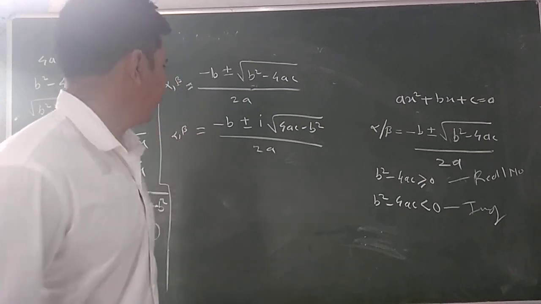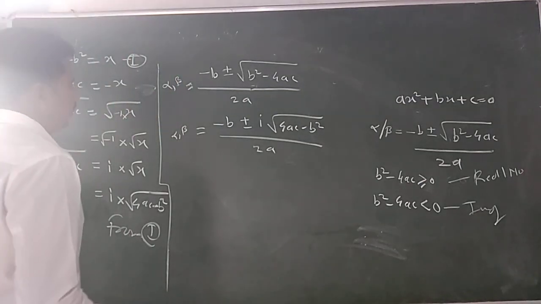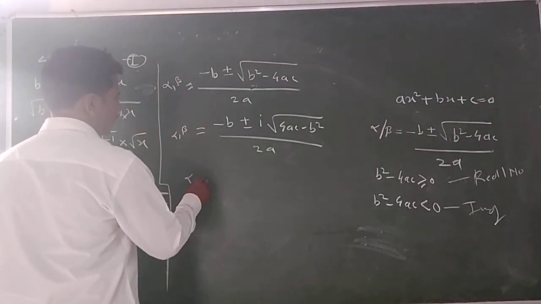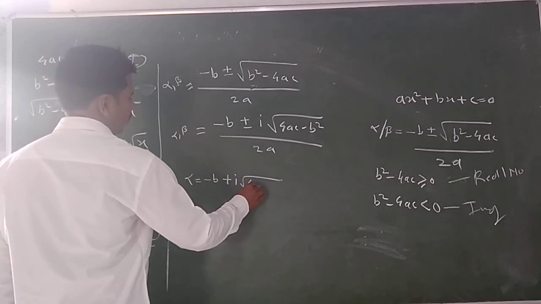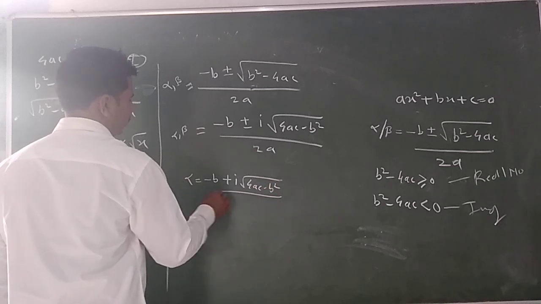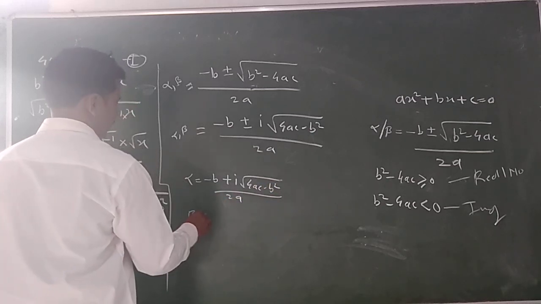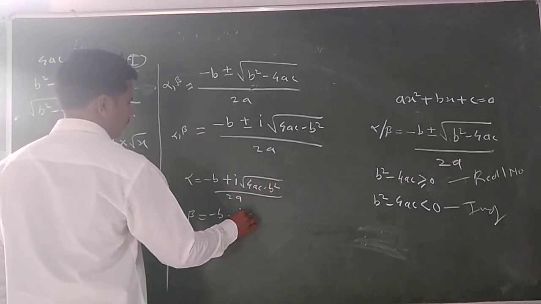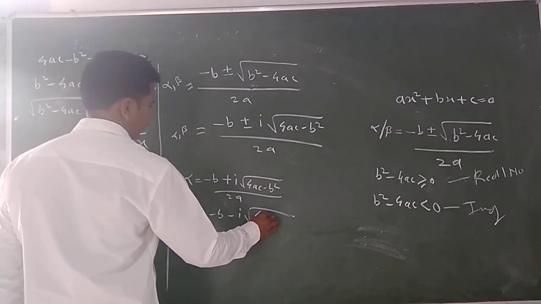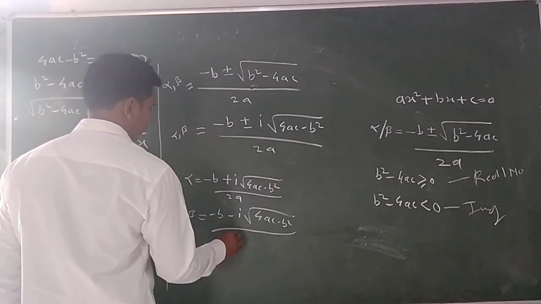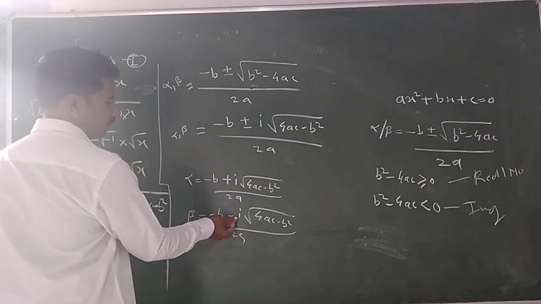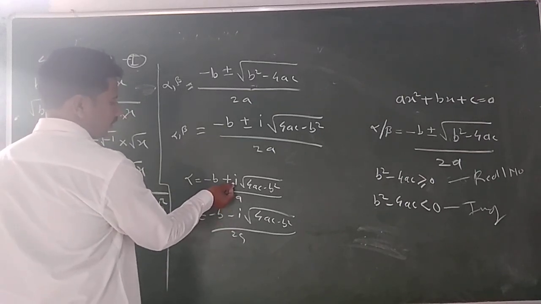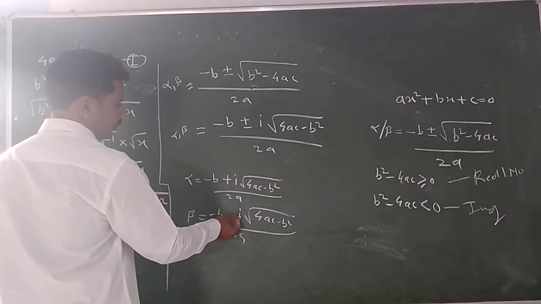One more property is there. Alpha is equal to minus b plus i under root 4ac minus b square divided by 2a, and beta is equal to minus b minus i under root 4ac minus b square divided by 2a. The only difference is the change in sign of the coefficient of i.